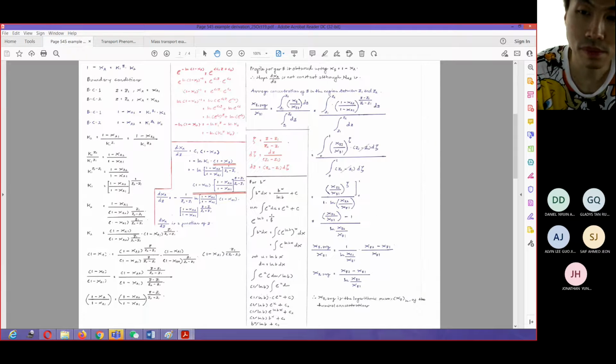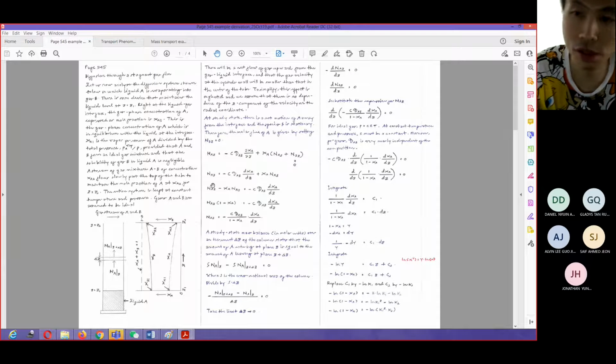Now, once we get this, this is the first thing that is important: you need to get an explicit expression of N_Az in terms of x_A. Once you get this, then you go into your system again and make your shell element. Define where your shell element is.